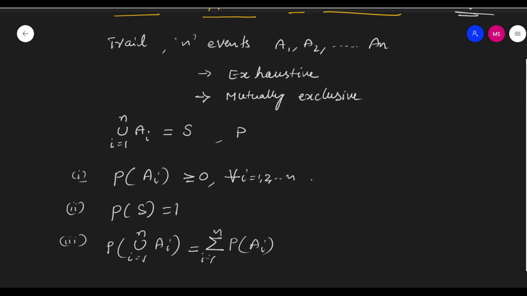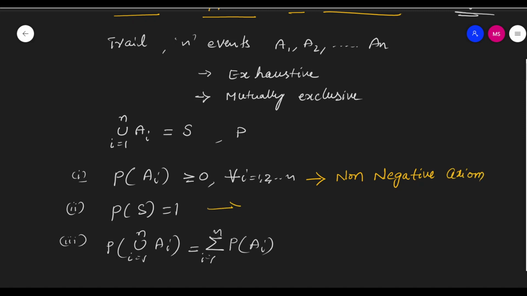The first statement, P of A greater than or equal to 0, is called the non-negative axiom, the axiom of non-negativity.